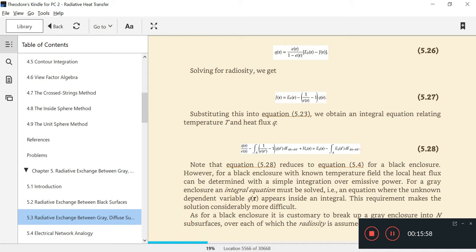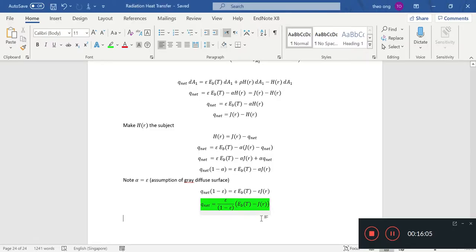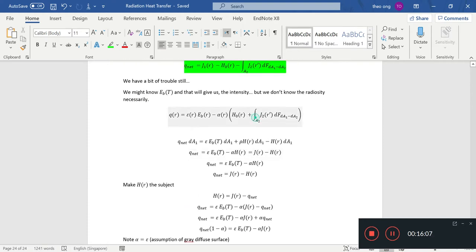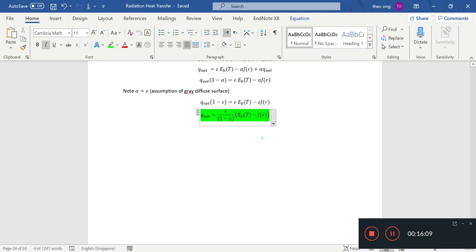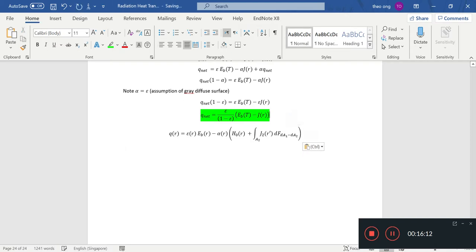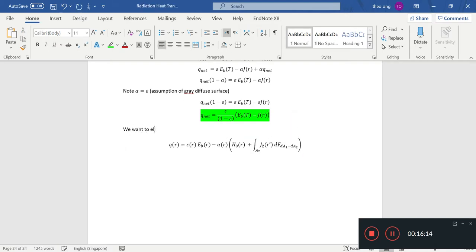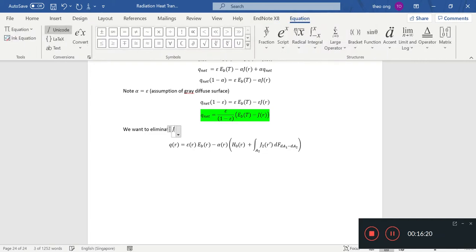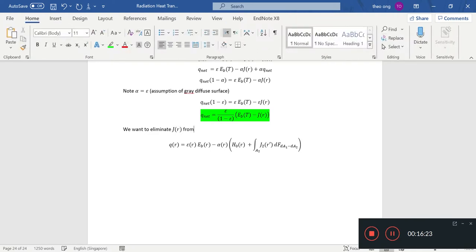Alright, so let's just do the substitution. Okay, where do we want to substitute? We want to substitute things in here. Alright, we want to eliminate J_R from the following equation. The way to do that is, well, I need to rearrange some terms.